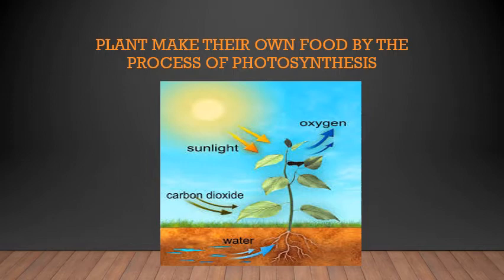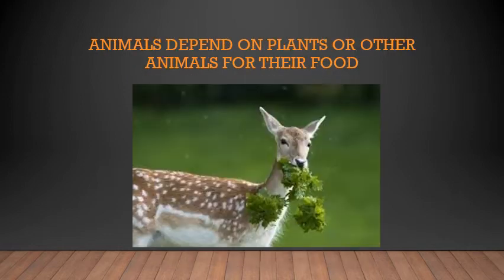Photosynthesis is the process with which the plants make their own food. Then animals depend on plants and other animals for their food. Herbivorous animals eat plants. Omnivorous or carnivorous animals are dependent on other animals for their food. Food gives organisms the energy needed for them to grow.